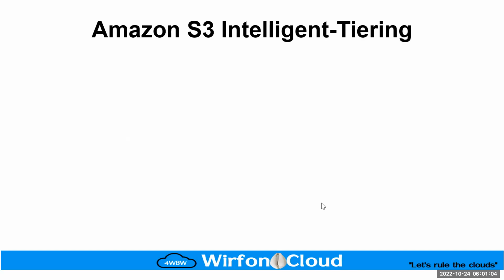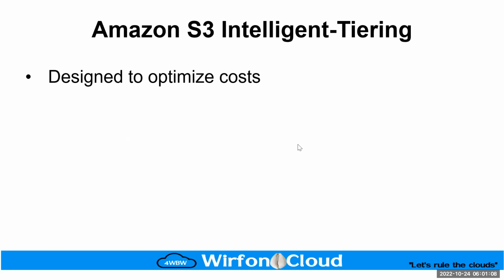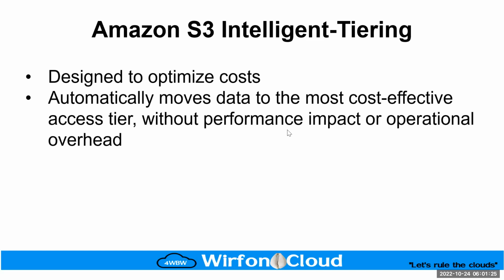Now the next one, S3 Intelligent-Tiering. It's designed to optimize cost. Why? Because maybe you have data and you're not sure of the patterns in which this data is going to be retrieved. You're not sure how frequently accessed it is going to be.